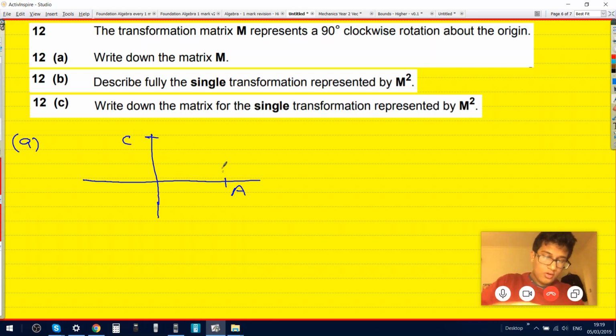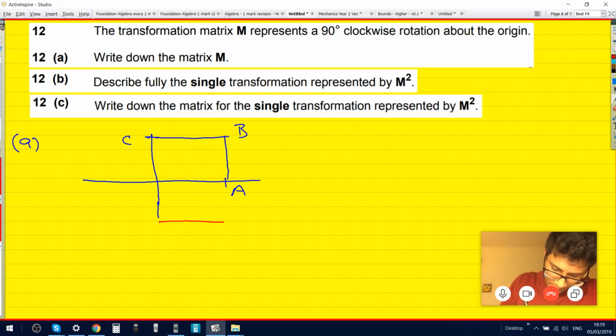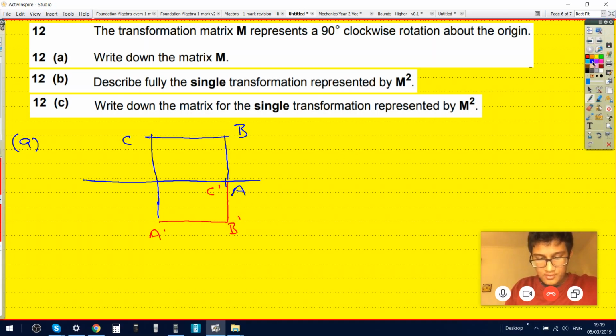And this is clockwise. So if I label this, C moves to where A is. A moves to where this is. Like this. And (1, 0) is the coordinate for A. Yeah, (1, 0), and (0, 1) is for C, if we label it like that.